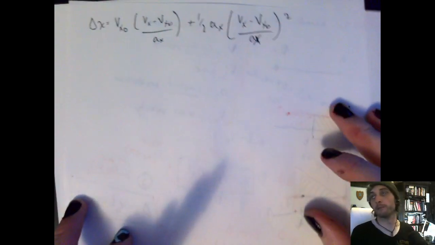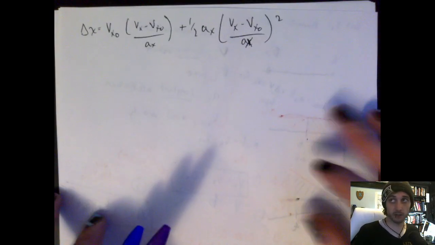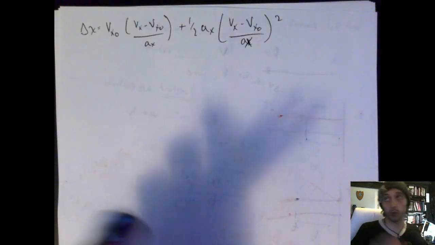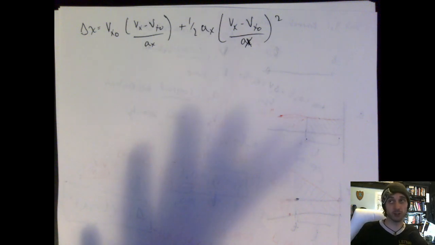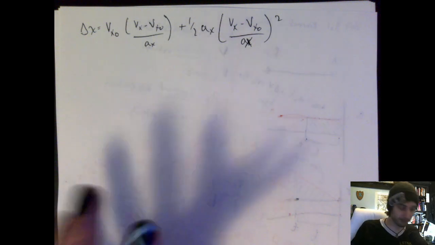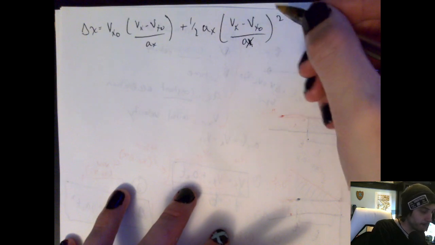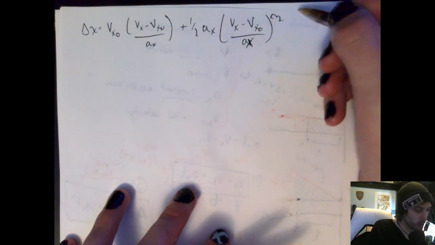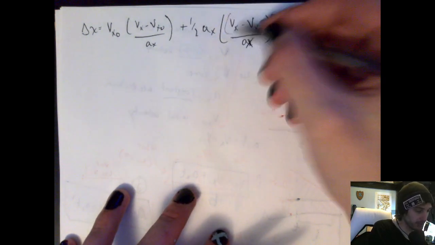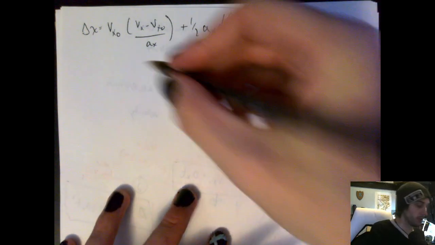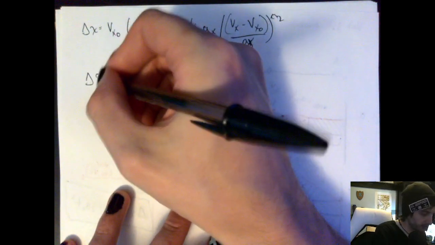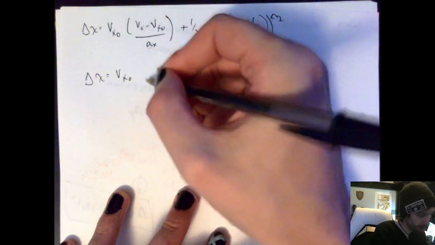Great. Next step here is going to be to do out the squared. At this point, we are done. Technically, this equation works, but unless you want to write this equation every time you have to solve a problem without time, we're going to make it pretty. So I'm going to distribute the squared. In order to do that, I'll get Vx minus Vx naught squared, which, let me get everything else settled up first.